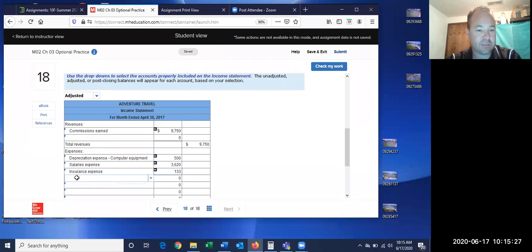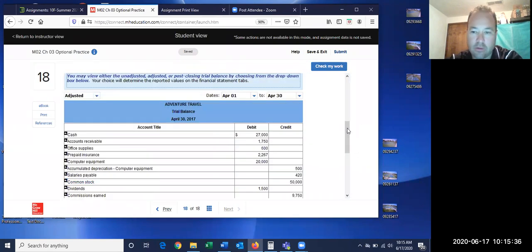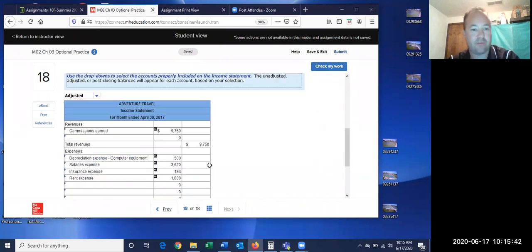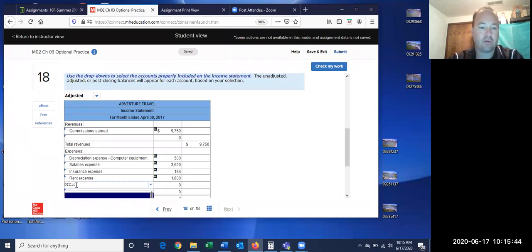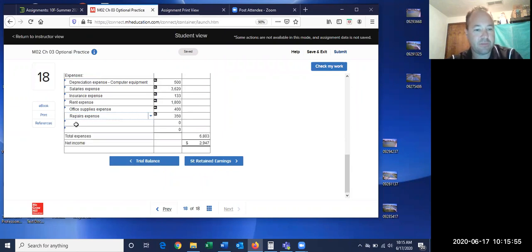Insurance expense. Expense. We only have a couple left. Office supplies, repairs, and telephone. So, office supply expense. Repair expense. And telephone expense.